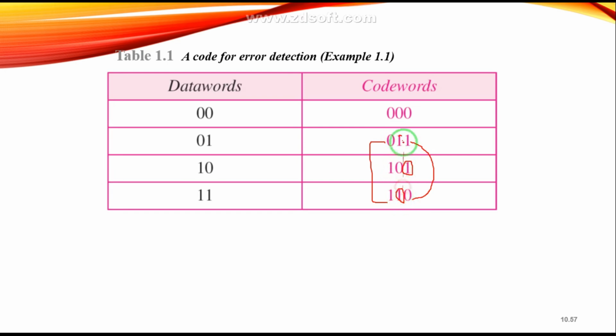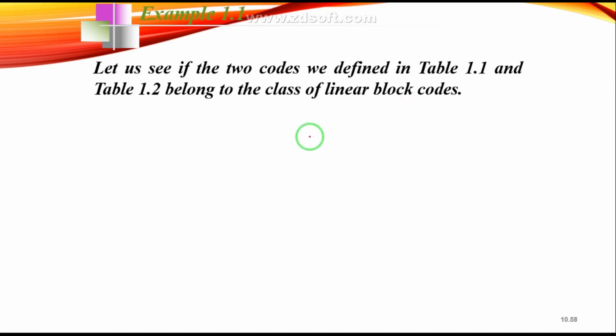So 1 and 1, similar bits, so the output of the XOR gate is 0. And last, 0 and 1 over here, since two dissimilar bits are there, the resultant is 1. It means 1, 0, 1. So we are getting a valid code word. So that's why it is called a linear block code.